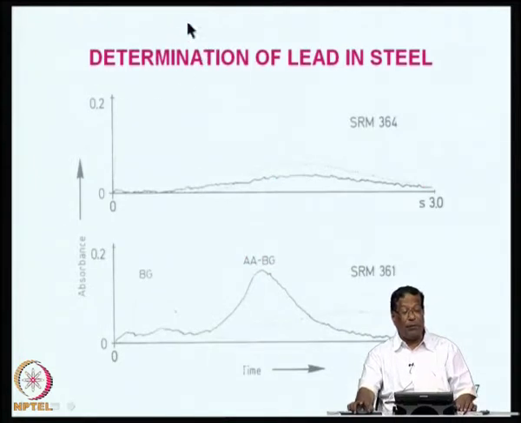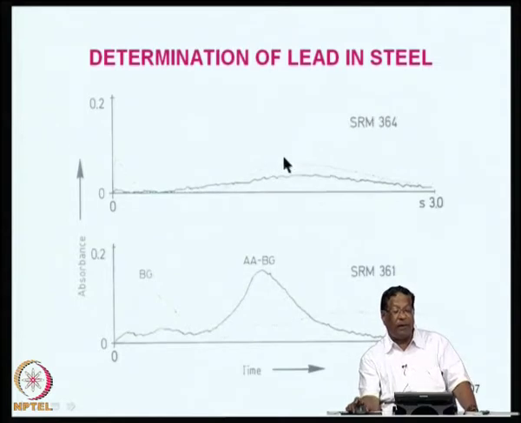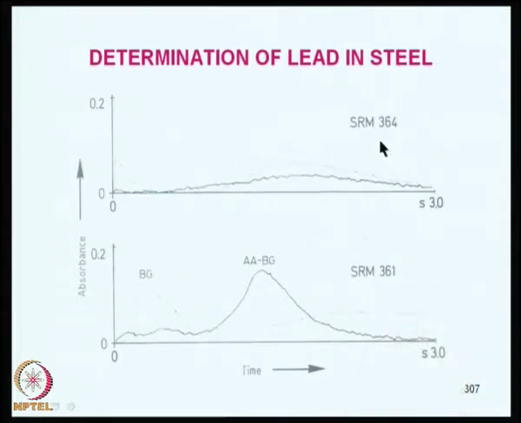Now, I want to show you the determination of lead in steel. I tried this when I was working on the graphite furnace. Here you can see SRM 364 is a standard stainless steel, which has been analyzed by a number of independent laboratories, and each analysis is certified.